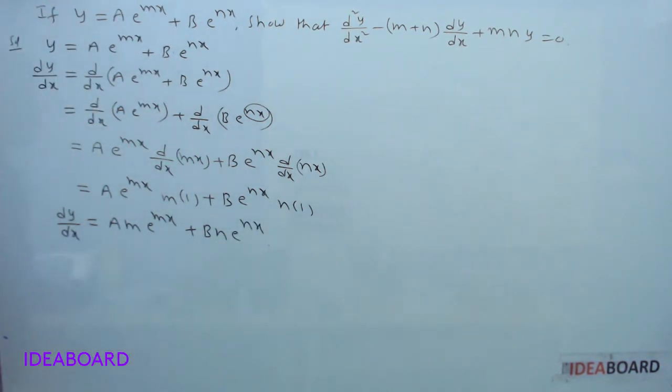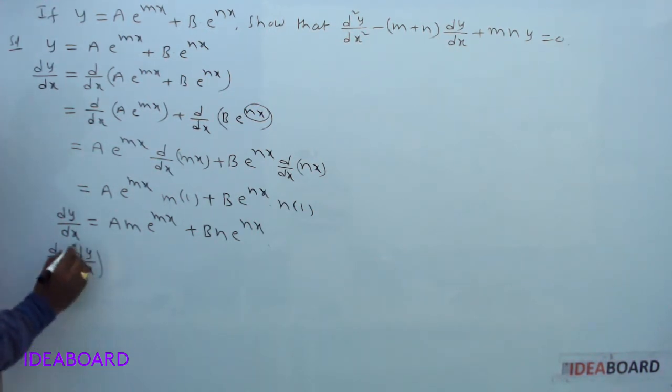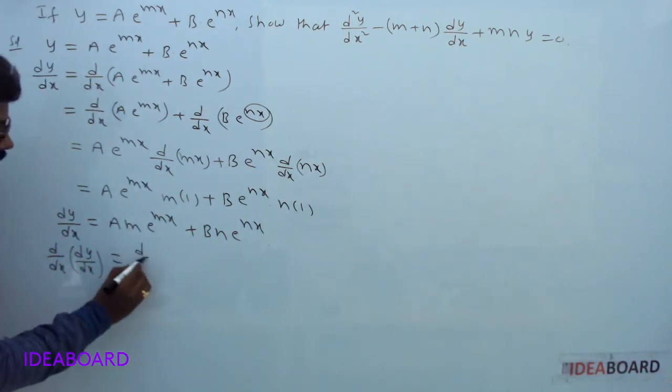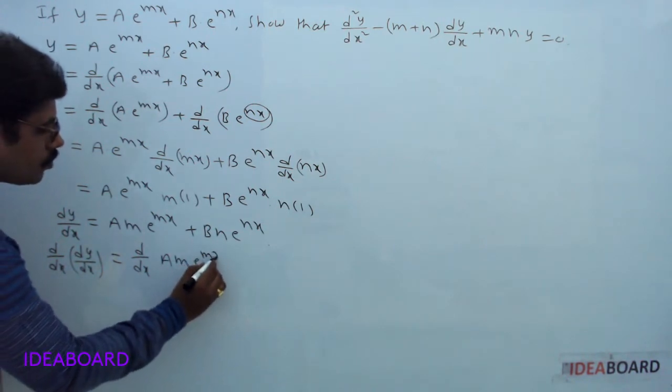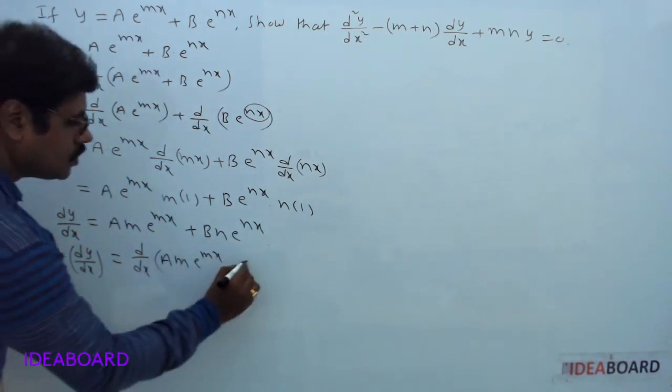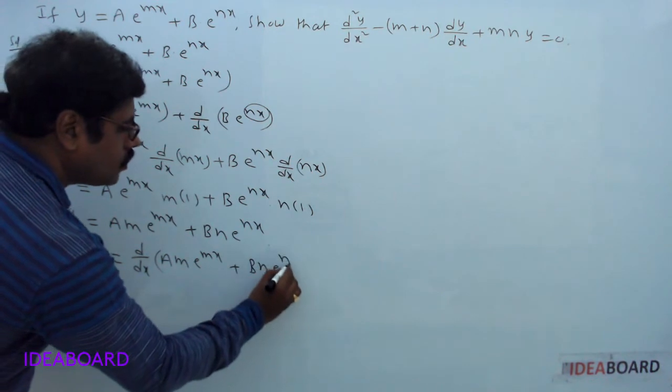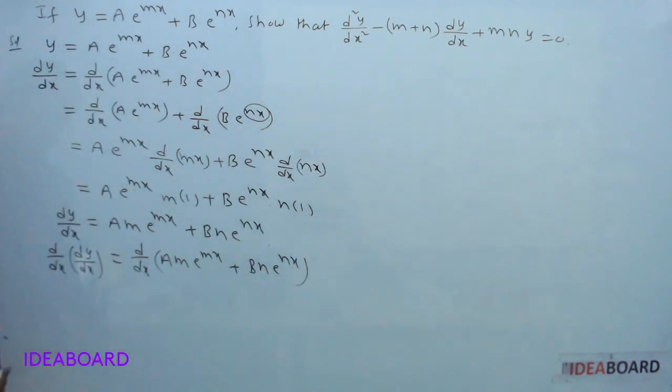Next, once again differentiate this equation on both sides with respect to x, that is d by dx of dy by dx. Now this equals to derivative of am into e power mx plus bn into e power nx. Now d by dx of dy by dx is d square y by dx square.